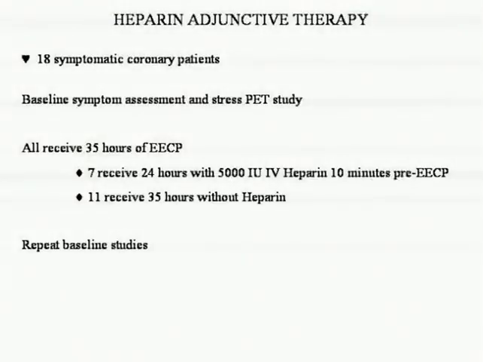Heparin adjunctive therapy. 18 symptomatic coronary patients, do a baseline symptom assessment and a stress PET study, treat them with 35 hours of ECP, 7 get ECP with 5,000 units of IV heparin before the procedure. The rest get ECP without heparin. Heparin's a blood thinner, but it also liberates angiogenic growth factors.